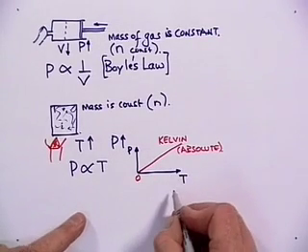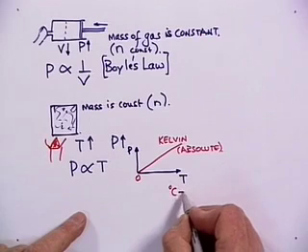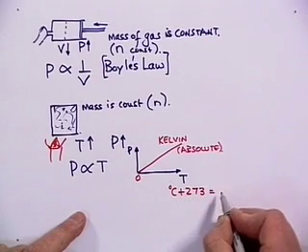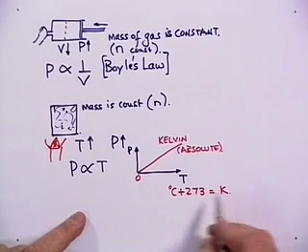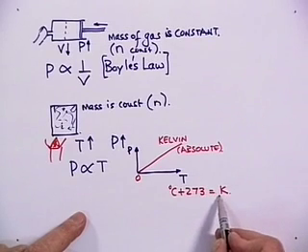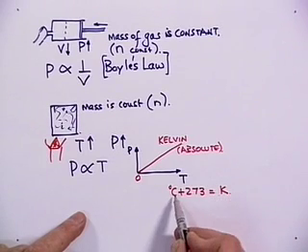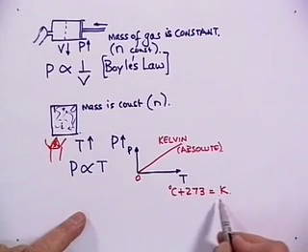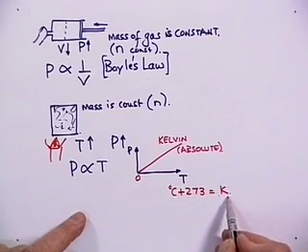Now we know that degrees centigrade plus 273 is equal to K. A little point here: we don't talk about degrees Kelvin, we just talk about Kelvin. So when we take the centigrade scale, we add 273 and get the reading on the Kelvin scale.